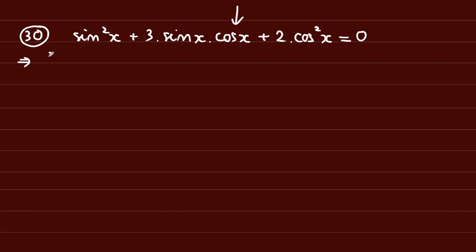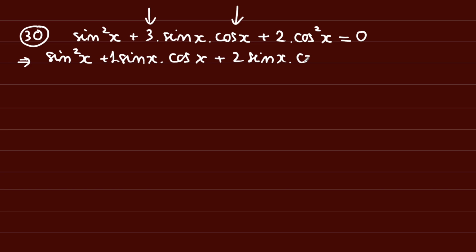So another way for solving this question, I will have sine squared x, I keep it unchanged. And look at the number 3 here. 3 sine x times cos x means you got 1 sine x times cos x plus 2 sine x times cos x.